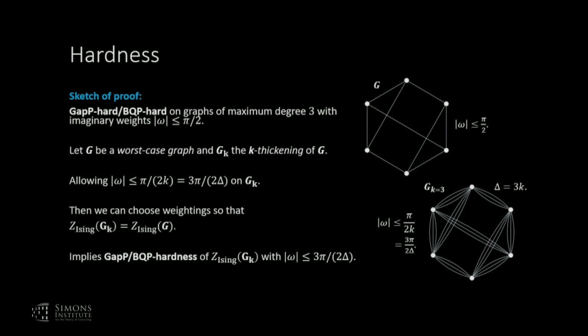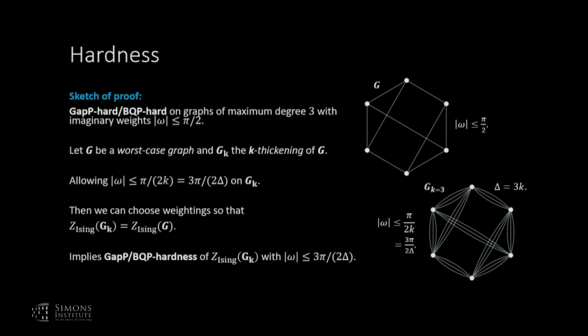Now we consider the worst-case graph, some graph that could be the one you want to simulate. We consider the k-thickening of this. The maximum degree of this k-thickened graph becomes whatever it was before times k, so for example 3 is the hard case, and then times k.